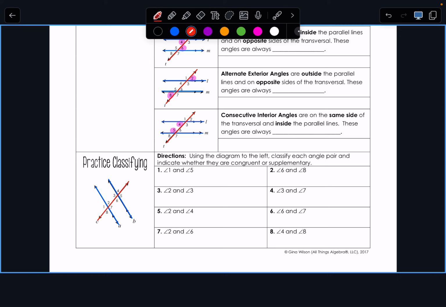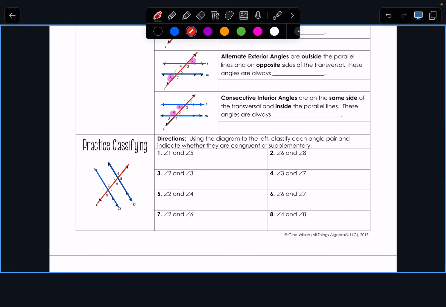If it says 1 and 5, I want you to figure out where 1 and 5 are and pick which of the 4 vocabulary words match what we're talking about. I'm going to give you a little bit of time to work through 1 through 8. We'll come back together and see if we match up.